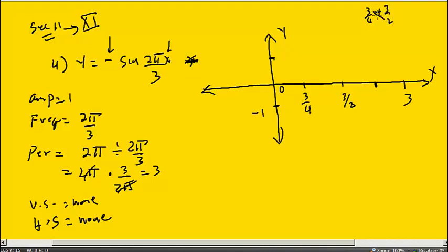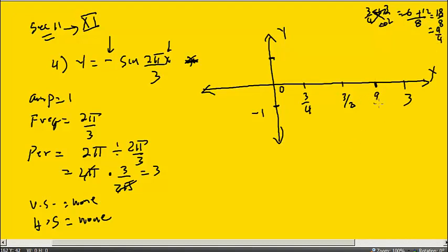Okay. And halfway between this is going to be 3 over 4 plus 3 over 2. So a quick way to add is multiply there, which is 6, multiply there, which is 12, and multiply the bottoms, which is 8. That's going to give me 18 over 8, which reduces to 9 over 4.